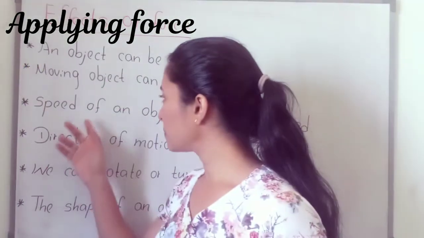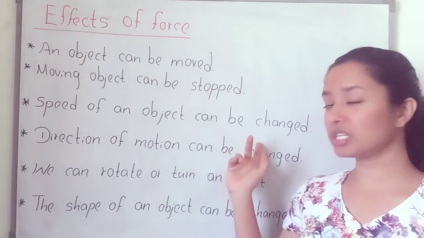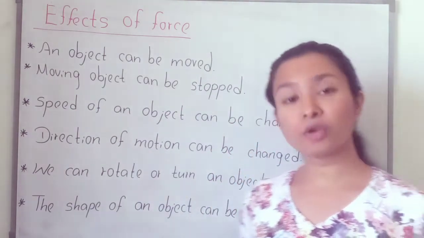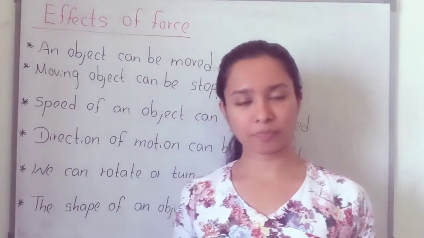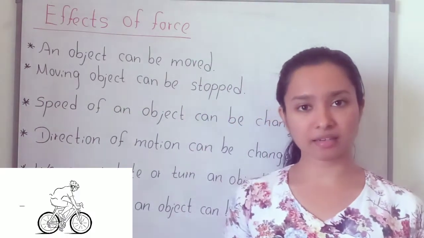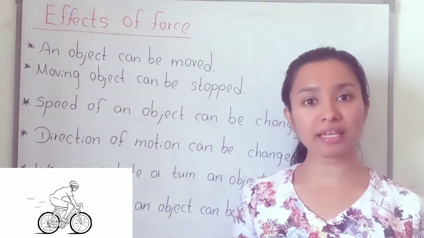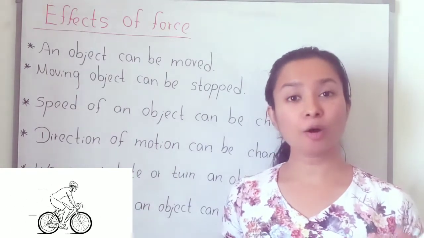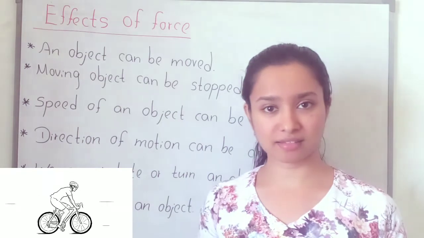Third one, the speed of an object can be changed. Normally you ride bicycles. When you are riding a bicycle, you can increase the speed by applying more force to the pedals.